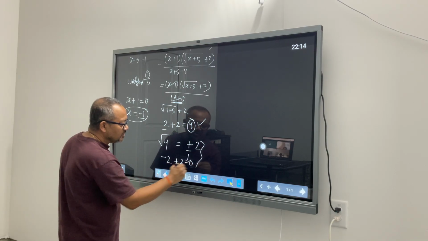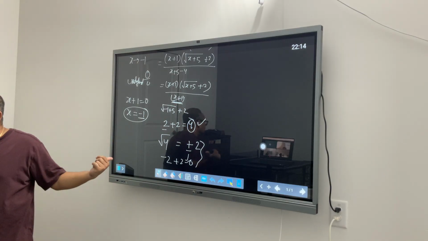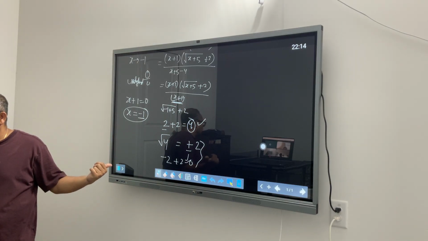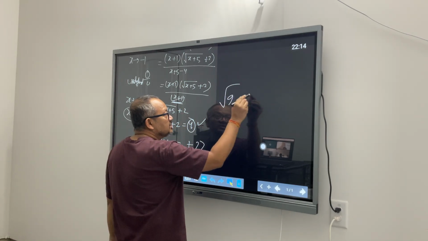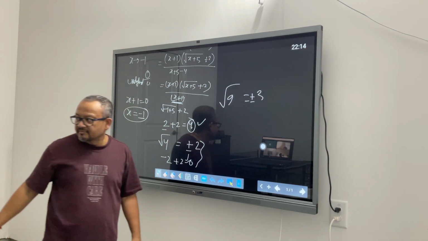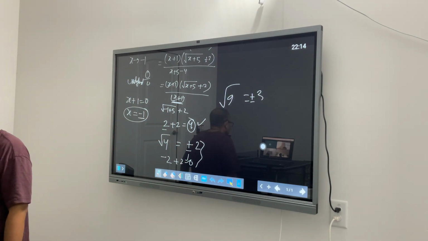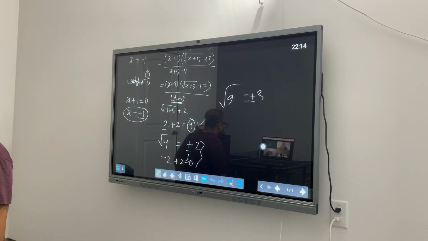So that is how there are two values of this function that exist. I will be completely wrong if I say square root of 9 is equal to 3. No, we have two options here, plus and minus 3. We cannot discount that. So if Vedansi got 0, that means he was considering the minus 2 option, not the 2 option of square root of 4. Am I sounding okay or not really?